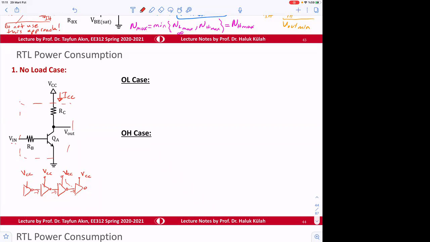So currents coming from previous gates are considered in the power dissipation of the previous case.